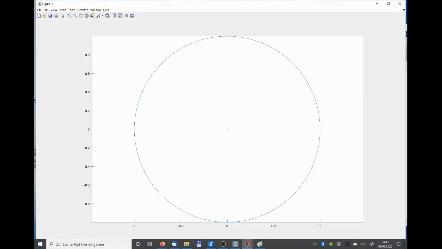But let's see. Okay, here we see it. This is the unit circle, and that denotes the spectrum. The little red star in the middle denotes the origin of the complex plane. So obviously the origin is not part of the spectrum, so the operator is invertible.